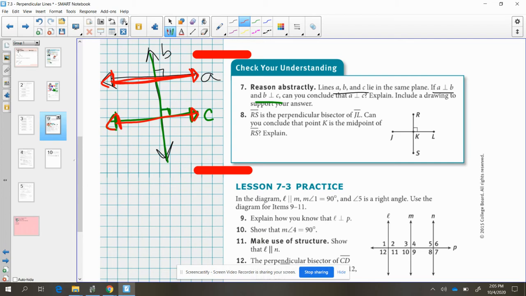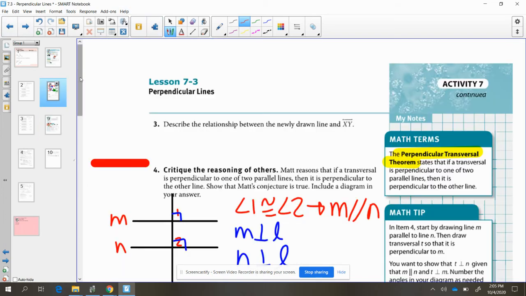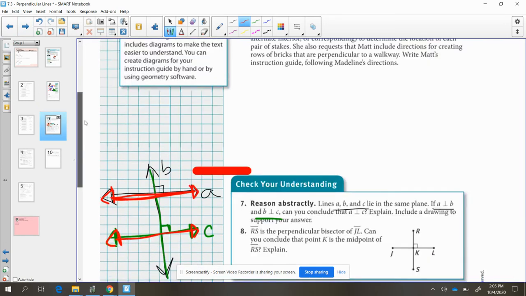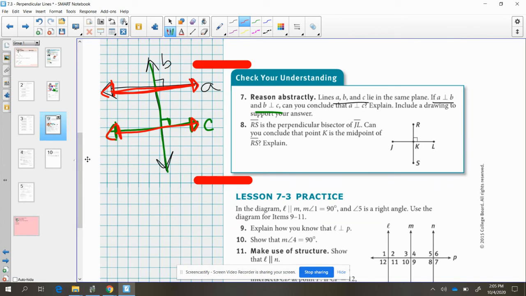Well, no. Very similar to what we drew back over here on the last page. This looks very similar to this picture, and we know that A and C are not perpendicular to each other because they're not touching each other. A is not touching C. In fact, what they are is parallel to each other. Line A is parallel to line C because their corresponding angles are congruent.